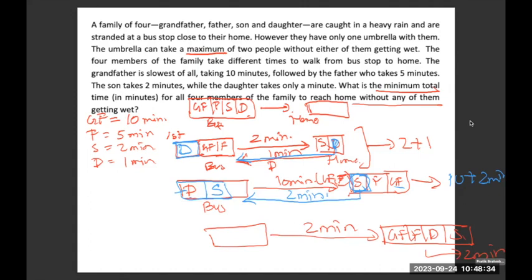So the total time taken will be 3 plus 12 plus 2, which is 17 minutes. 17 minutes is the minimum time taken by all of them to reach home from the bus stop.